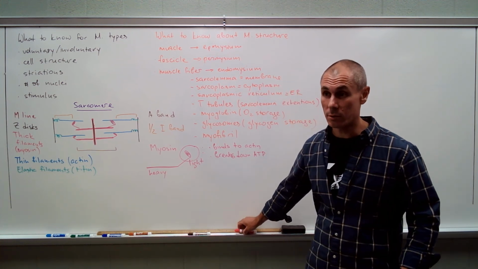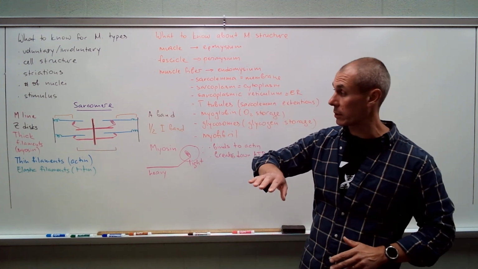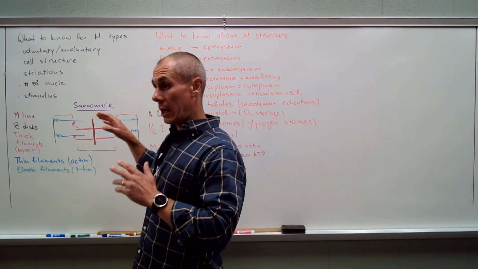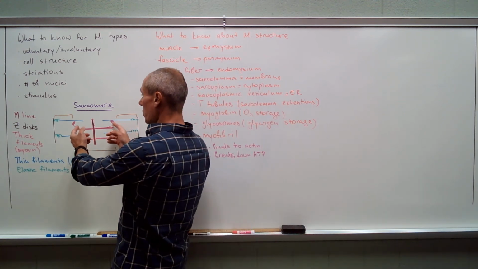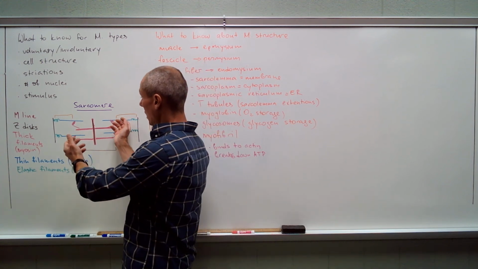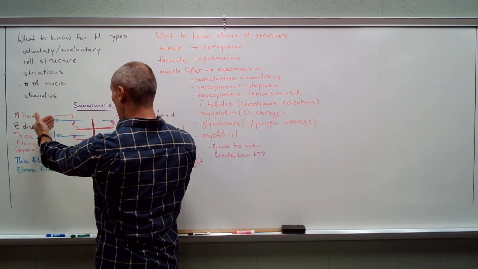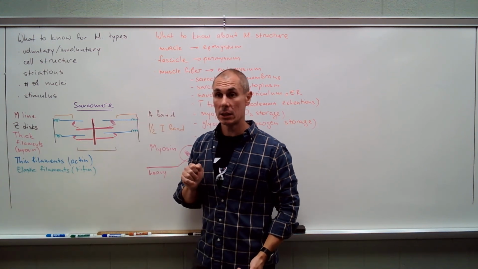Now, what happens during contraction? At the level of the sarcomere, look what happens. These myosin heads propel actin thin filaments towards the M line.